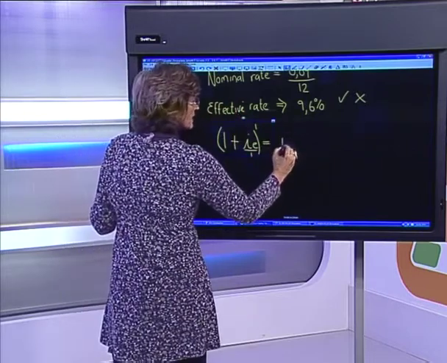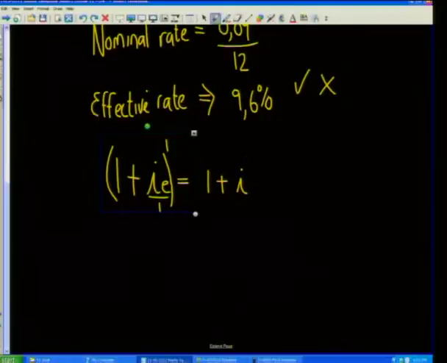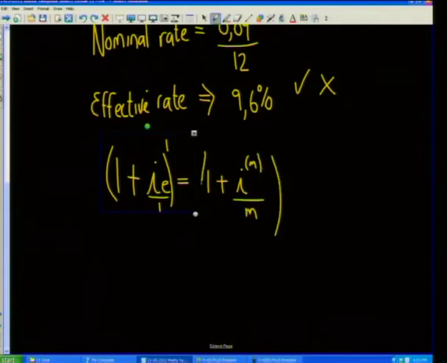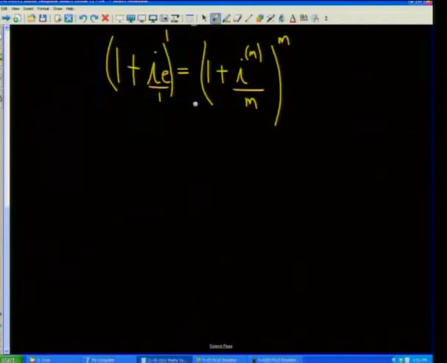is equal to (1 plus i_m over m) all to the power of m. Now that's a really fancy formula, but how it works is the following. I'm trying to find my effective rate.